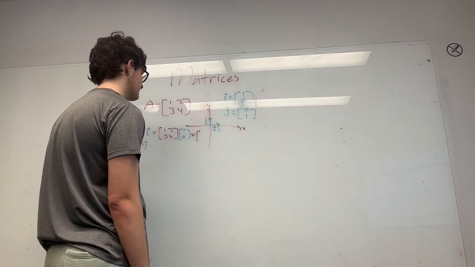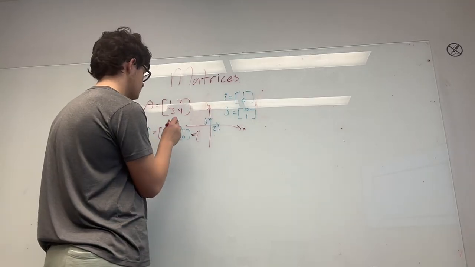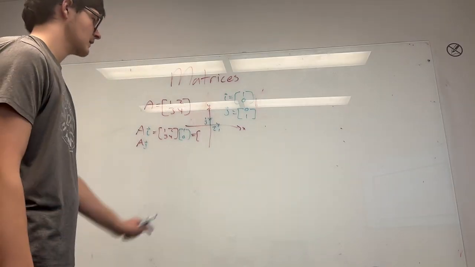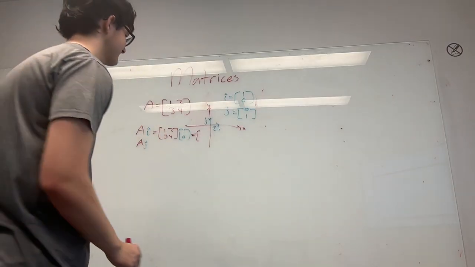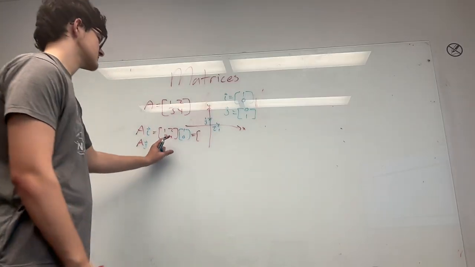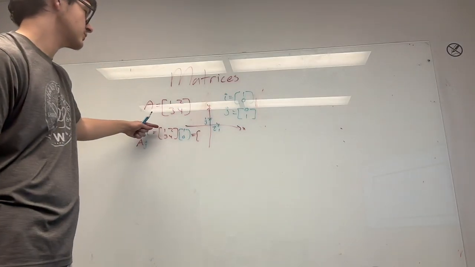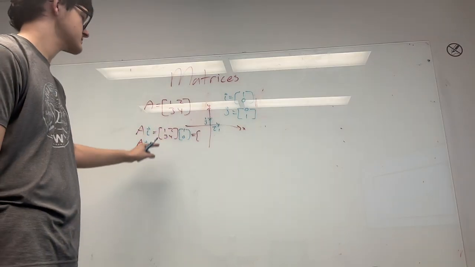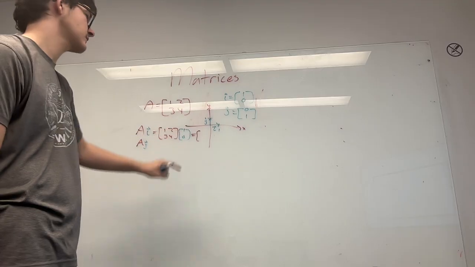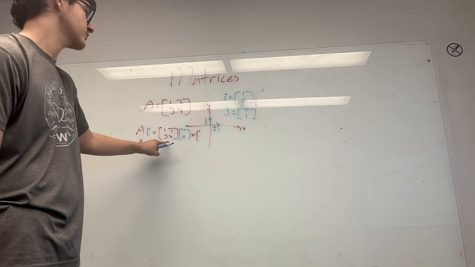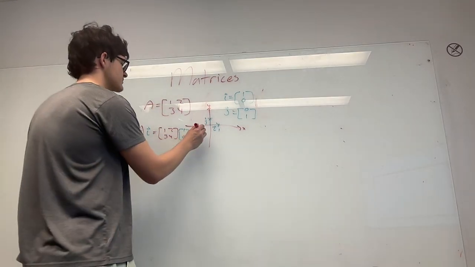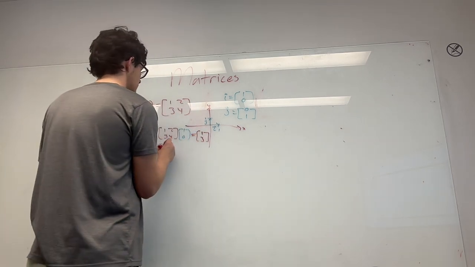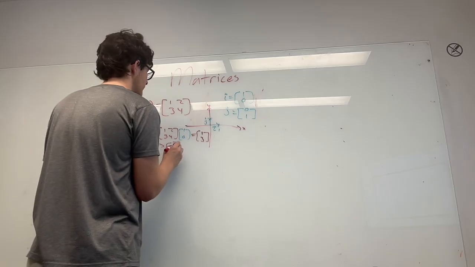Well, what does that mean? 1 times the first column. Because a way to do matrix vector multiplication is you take the row of the matrix times the column, a dot product, if you know what dot product is. So it'd be 1 times 1 plus 2 times 0, and then 3 times 1 plus 4 times 0. So that just ends up being 1, 3. And if you do the same thing with the other vector, you just get the other column, 2, 4.